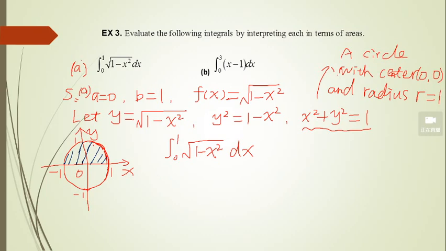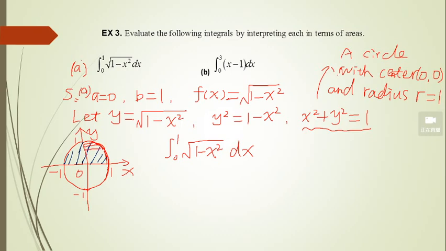So under this curve, this is the curve for the square root of 1 minus x squared, right? This is my function, the positive part above the x-axis. Now, this part is from minus 1 to 1, then this one should be from 0 to 1. So it should be the region here.